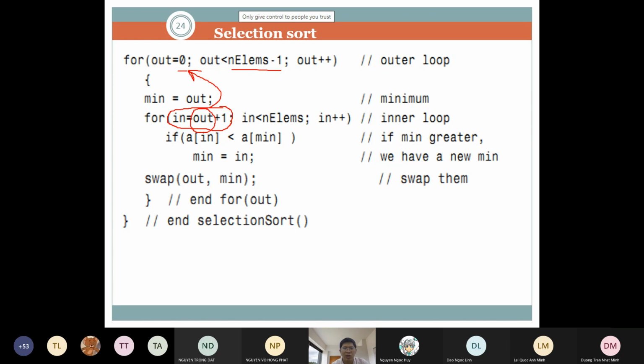Can you explain to me why, if I start from 0, the algorithm will not be correct anymore? Why?